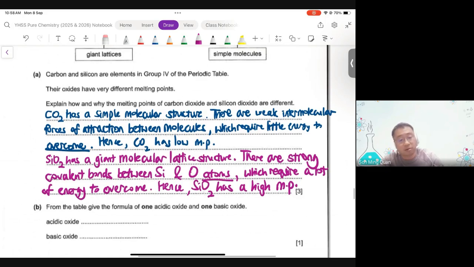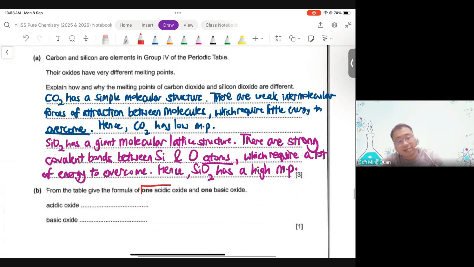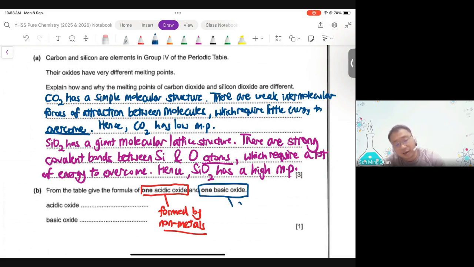So this one you must know. Acidic oxide is formed by non-metals, whereas basic oxides are formed by metals.